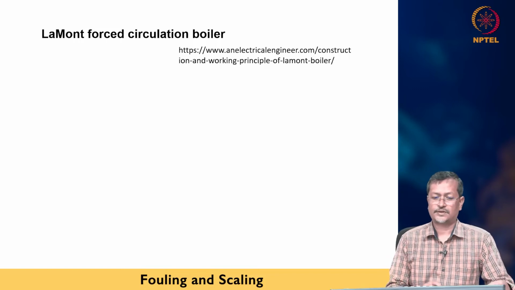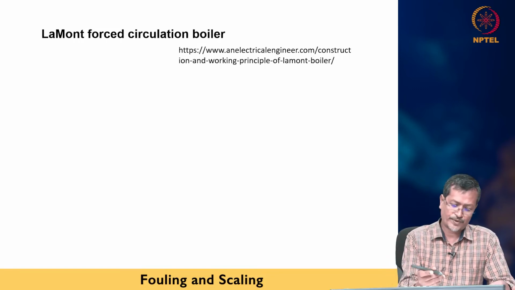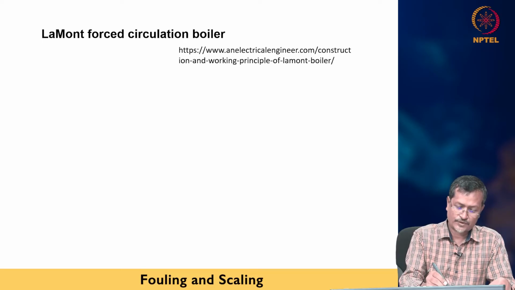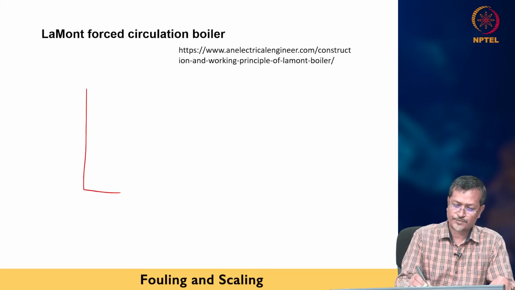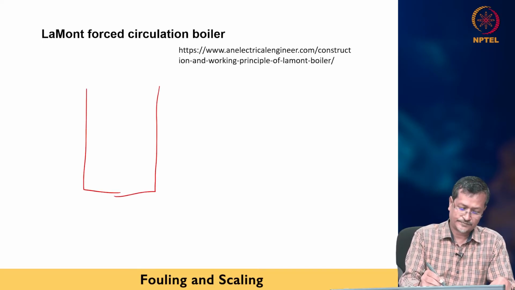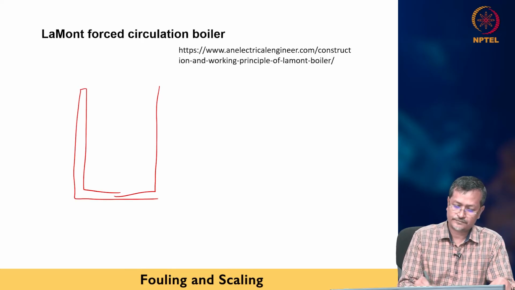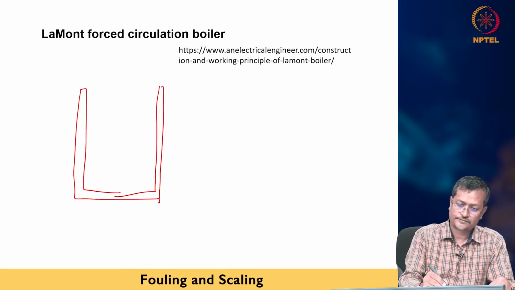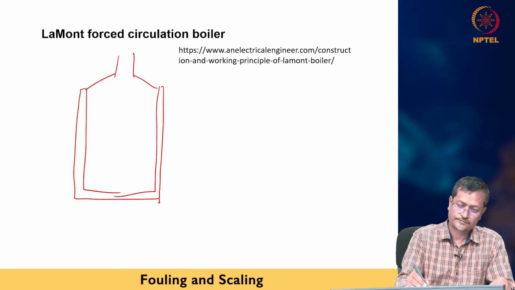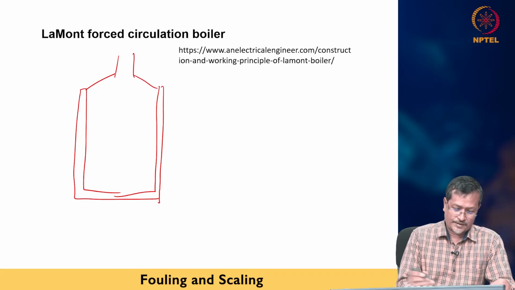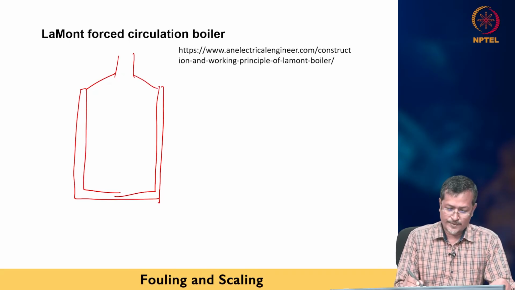Lamont forced circulation boiler. So I will draw one boiler. You can see this one. How does a Lamont forced circulation boiler look like? First, water will be coming, one pump is here.